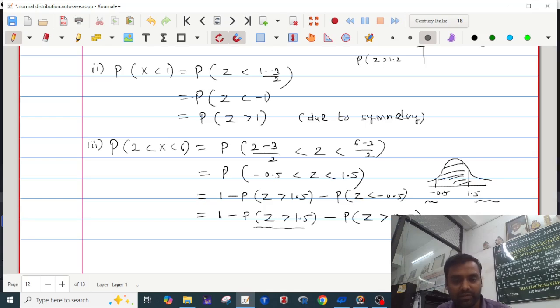Just see this probability from the statistical table, this also from the statistical table. Put these values, and you will get the answer of probability of 2 less than x less than 6.